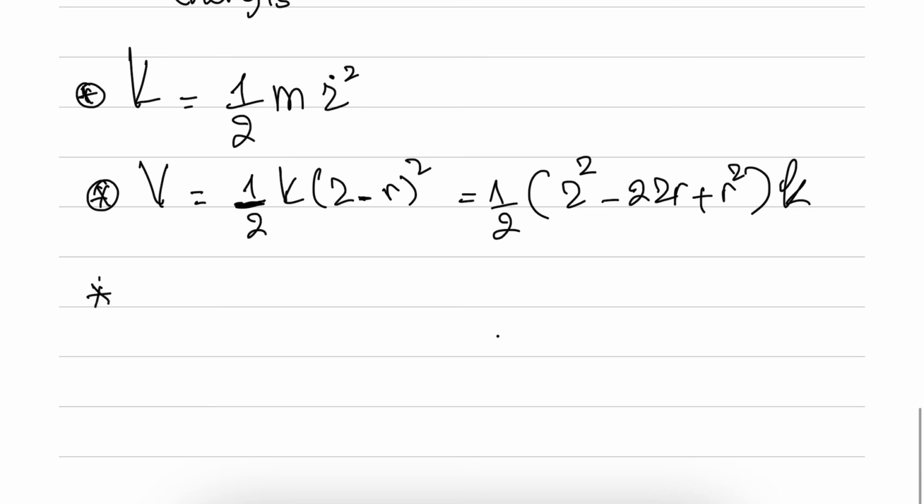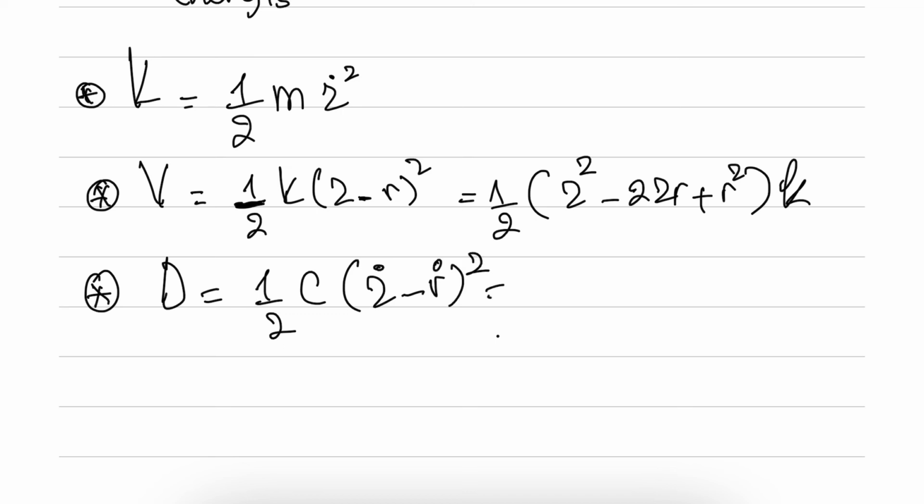The dissipative energy D is equal to a half damping coefficient times (z dot minus r dot) squared, or a half c times (z dot squared minus 2 z dot r dot plus r dot squared).